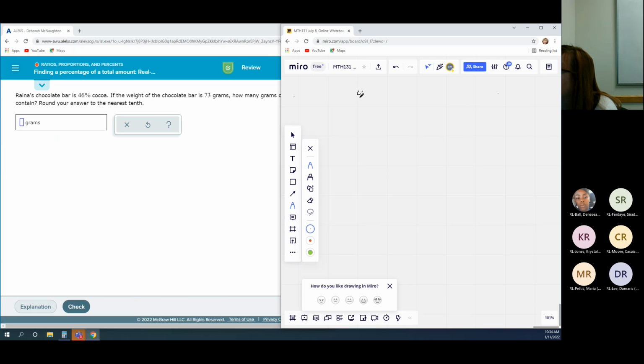So it's 46% cocoa, and the total weight is 73 grams. We convert the 46% into a decimal by dividing it by 100.